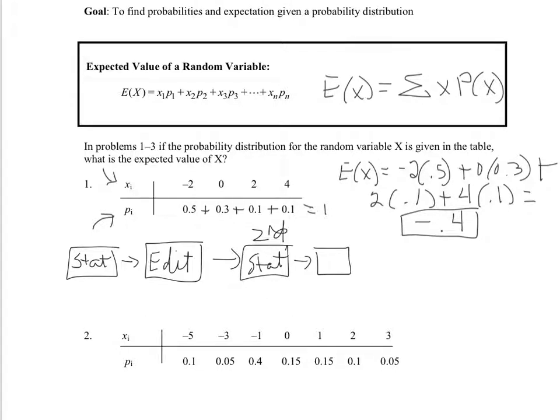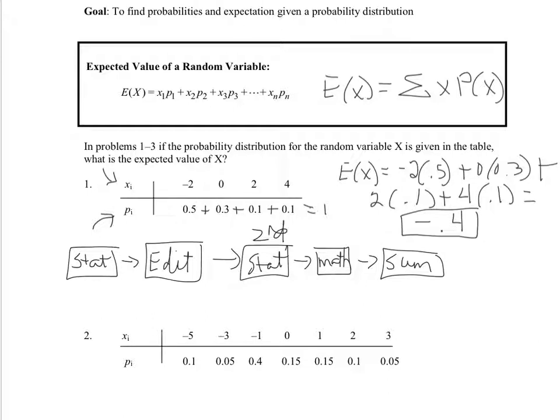That will allow you to choose the feature that says sum, which is probably going to be number 5 on your calculator. Now you need to tell your calculator what you want it to sum up, and what we want it to do is to multiply L1 times L2.